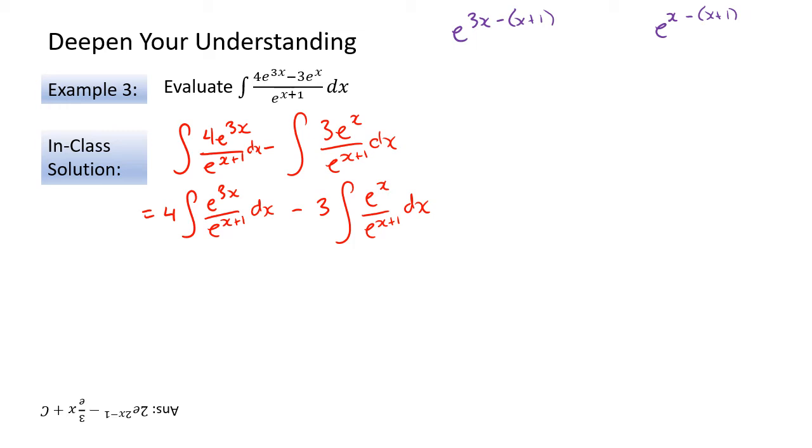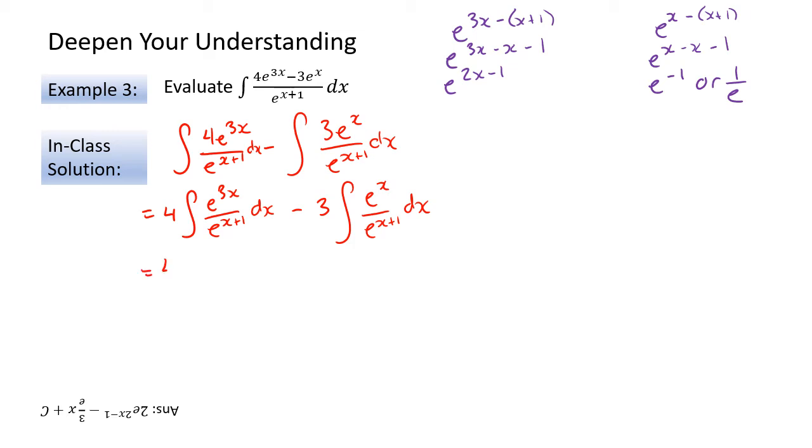So if I simplify each of these, I'll get e to the 3x minus x minus 1, which is e to the 2x minus 1. And for the second term, I have e to the x minus x minus 1, which is simply e to the minus 1, or 1 divided by e. And since it's just e to the exponent minus 1, that's actually a constant. Okay? So we can substitute these values back in instead of having the fractions that we had in each of them.